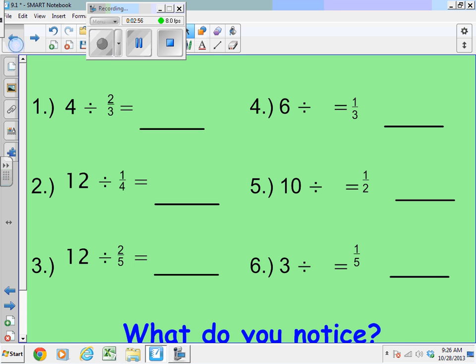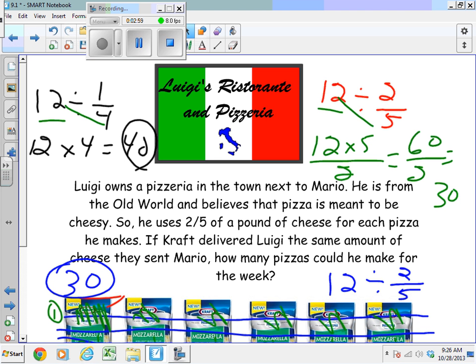All right, so going back here a minute, what you said you did was you multiplied this times this divided by 2. 12 times 5 divided by 2 equals 60 over 2, which is 30. Here you multiplied 12 times 4, and you got 48. That's what you said you did.